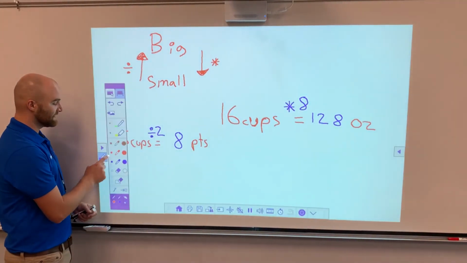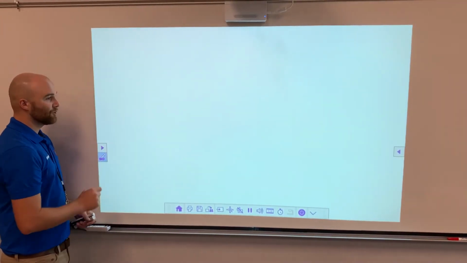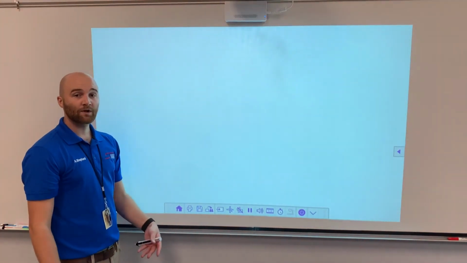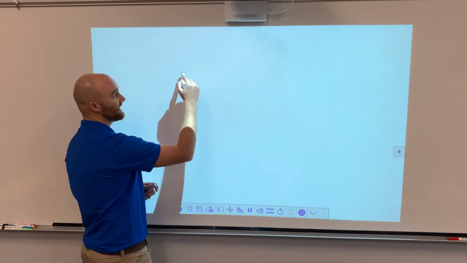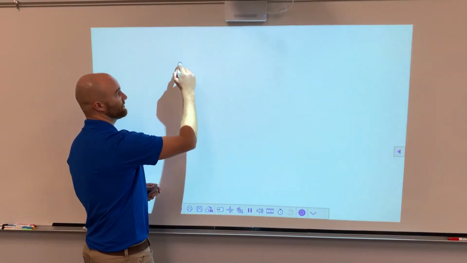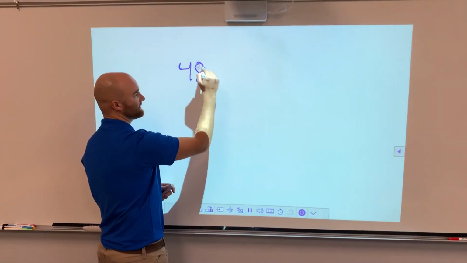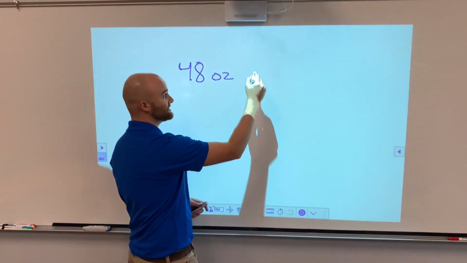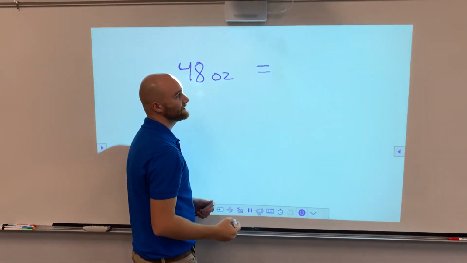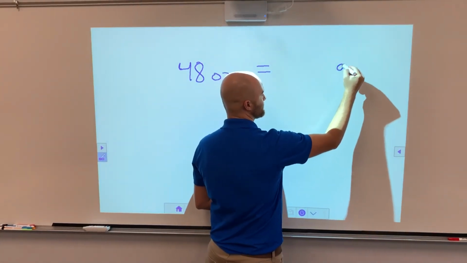There's one more thing that is sometimes confusing, which is sometimes we want to move through multiple steps. For example, sometimes I have, let's go with 48 ounces, and I would like to change that into quarts.